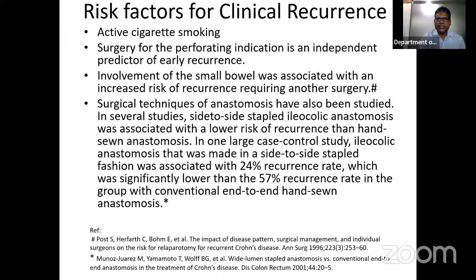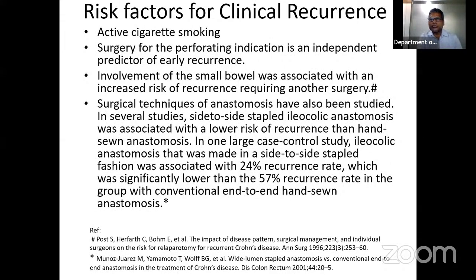The fourth one is the surgical technique of anastomosis, which has also been studied with regard to recurrence of Crohn's disease. In several studies, side-to-side stapled ileocolic anastomosis was associated with a lower risk of recurrence than hand-sewn anastomosis.